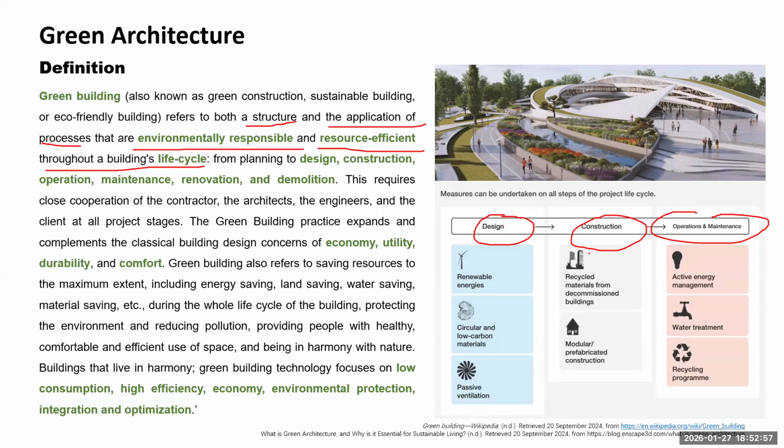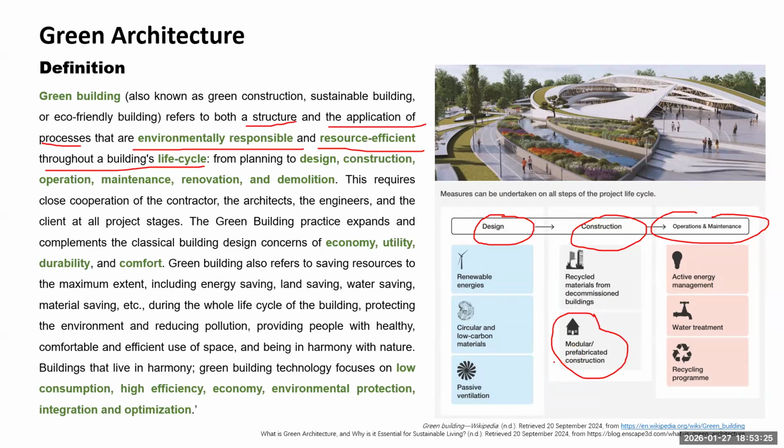For the construction stage, we can even consider introducing recycled materials from decommissioned buildings. Also in Hong Kong, modular or prefabricated construction methods are very popular, especially for public housing.